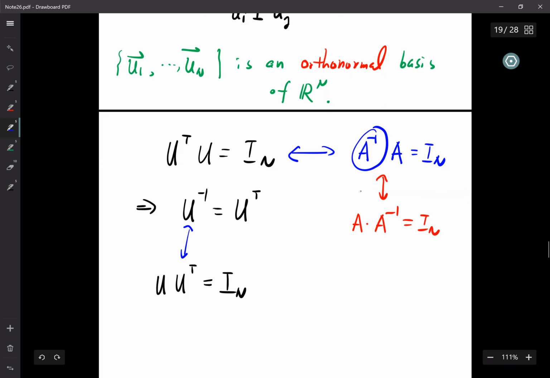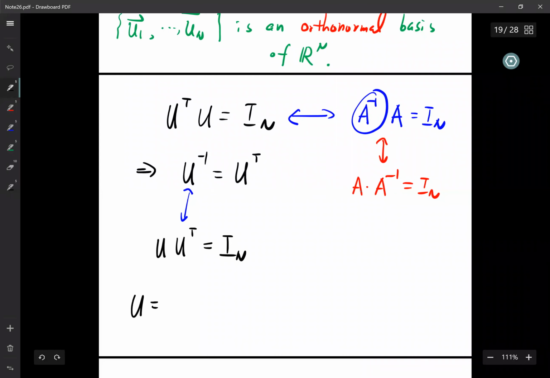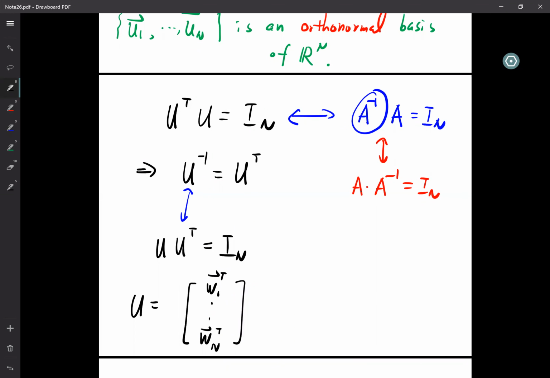But what does U times U transpose equal to identity mean? I start from U1 to Un, I give you the column vectors. I can also write them in terms of the row vectors, called the W1 transpose, Wn transpose, so that each of them is like a row. So these are row vectors.